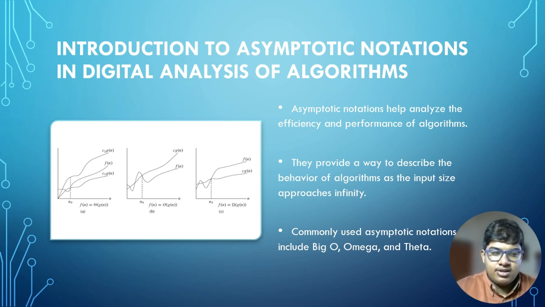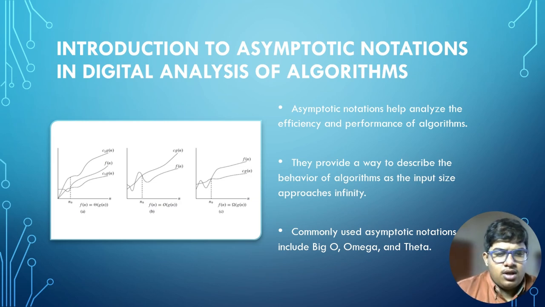Efficiency can be considered in the aspects of time, space, and many other manners. To represent whether they take a lot of time or average or less, you use the asymptotic notations. They provide a way to describe the behavior of algorithms as the input size approaches infinity.